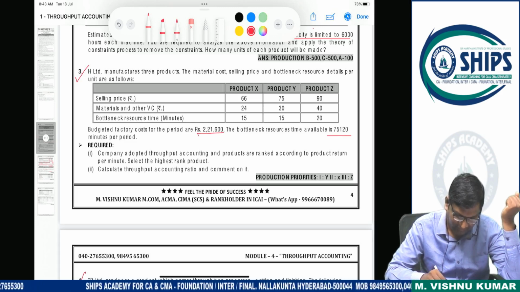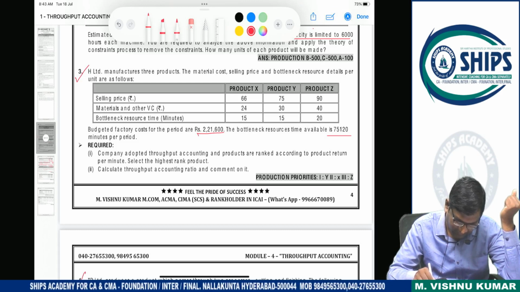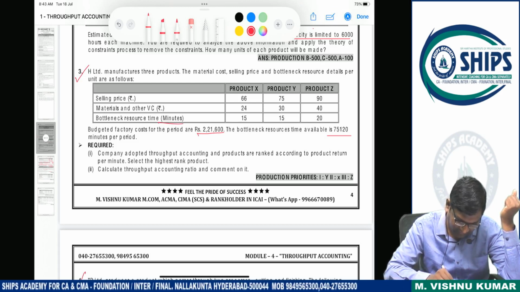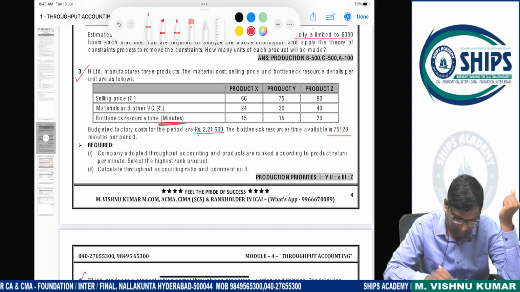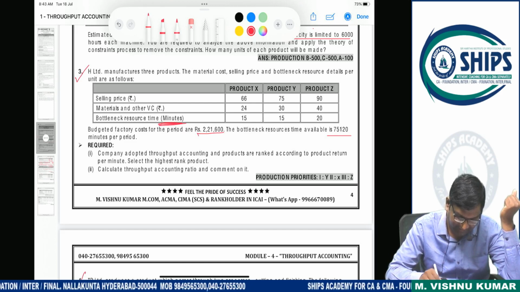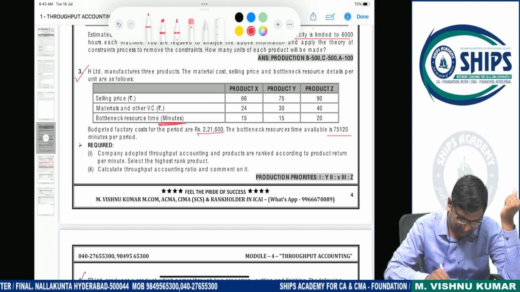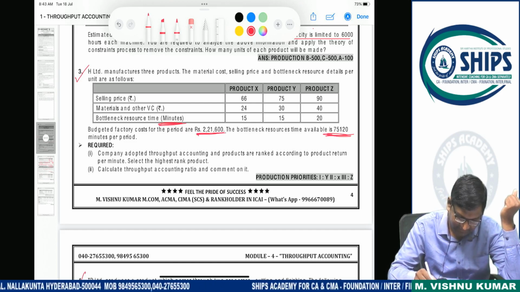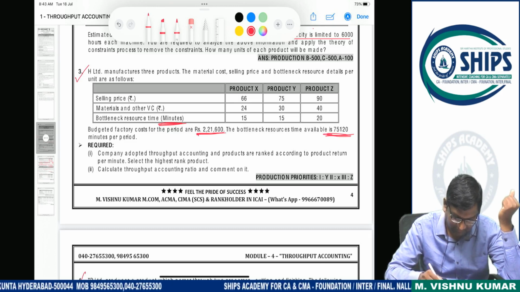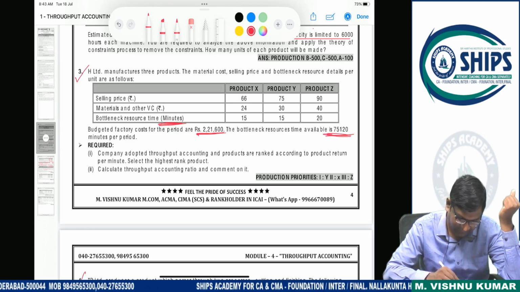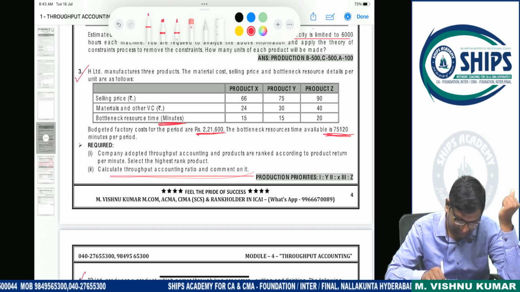Very simple. First we have to calculate return per hour, or per minute. This is given in minutes, so we have to calculate return per minute: throughput contribution divided by bottleneck time in minutes. Then cost per minute: this cost divided by this. Then return per minute divided by cost per minute, and directly the throughput accounting ratio will come.